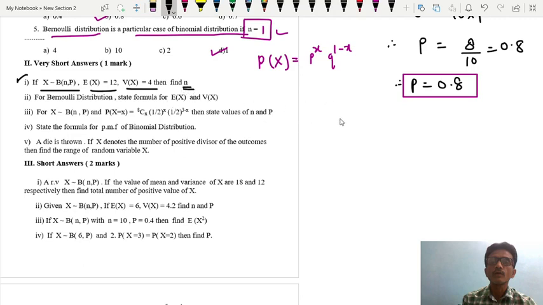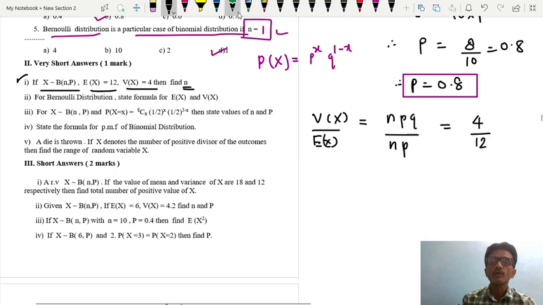So wherever Ex and Vx are given, we always use this ratio, Vx divided by Ex. When Vx and Ex both are given, what is your Vx? See here, Vx is equal to npq and Ex is np. Now Vx is given as 4. Ex is 12.